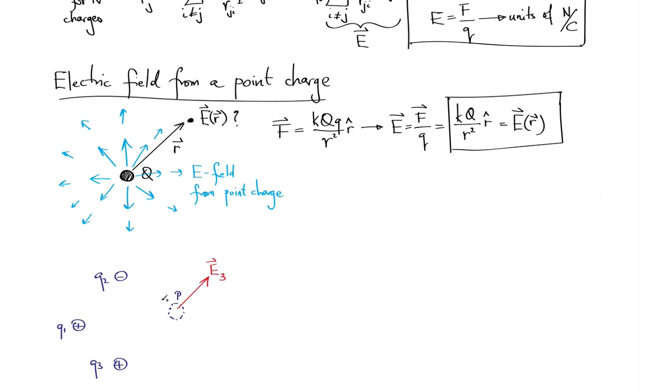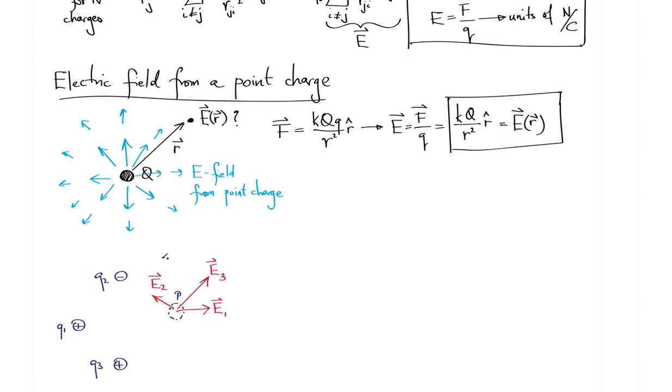From Q1, because this is positive again, would point, let's say like that. Of course, the length of the vector would depend on exactly what the magnitude of the charge was here, and I haven't told you that. But, let's say I knew and I could calculate it. And then Q2, it's negative, so it would point like this. Okay?